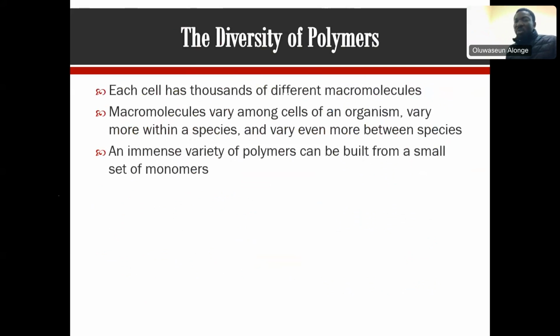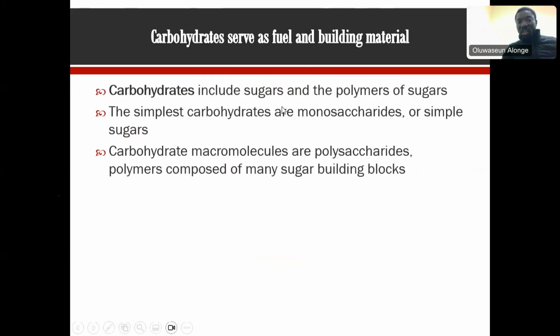What I also want you to establish is that, again, polymers can be broken down to make monomers. That is what we call hydrolysis. And again, the monomers can be coupled together to form a polymer, which is a dehydration reaction. I'll be talking about that in detail as we go.